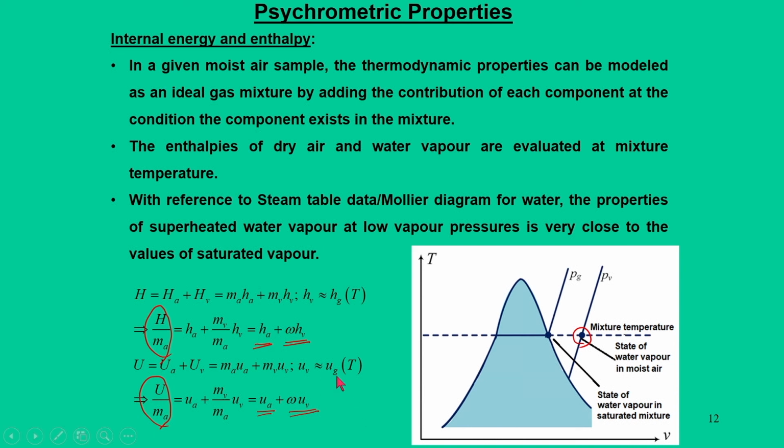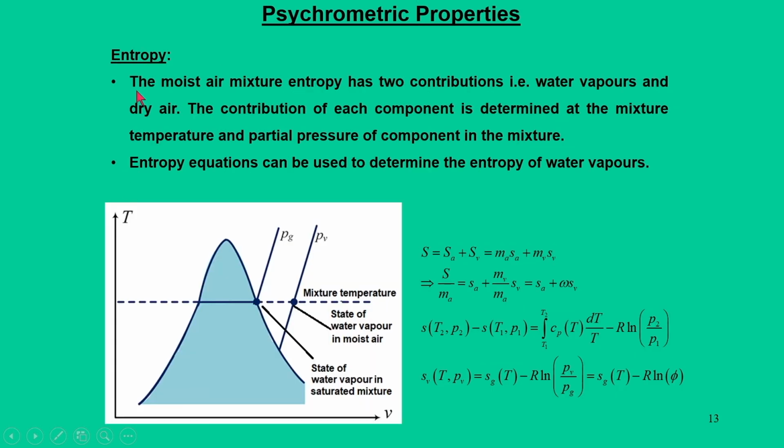Many a time, when you say Uv, it is a saturated vapor state, so it is a gas phase, and that is evaluated at mixture temperature, which can be located in the TV diagram. In a similar sense we also have entropy. Entropy has two components as well, water vapor and dry air, and each component can be dealt with separately.